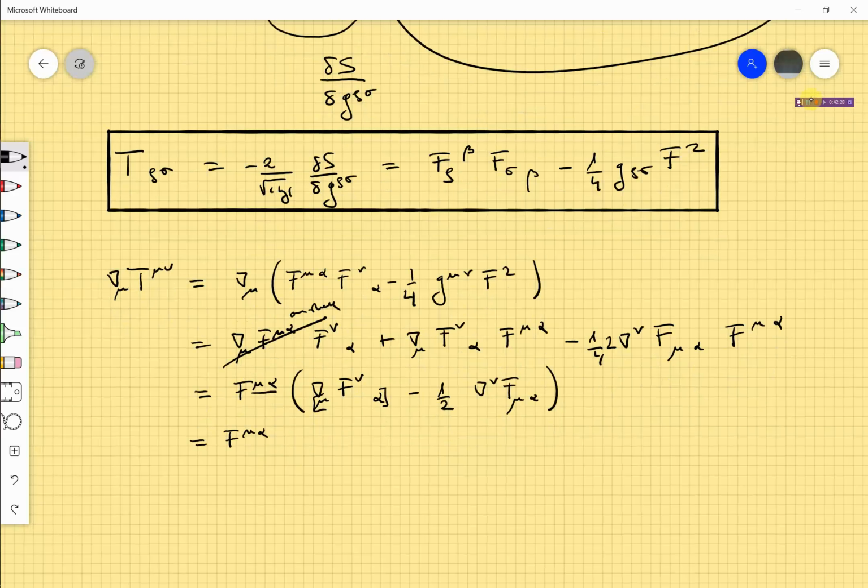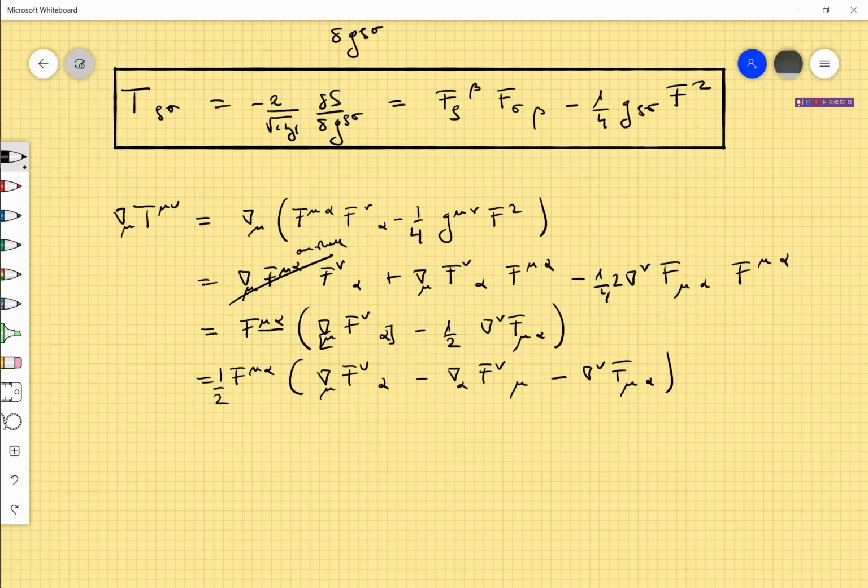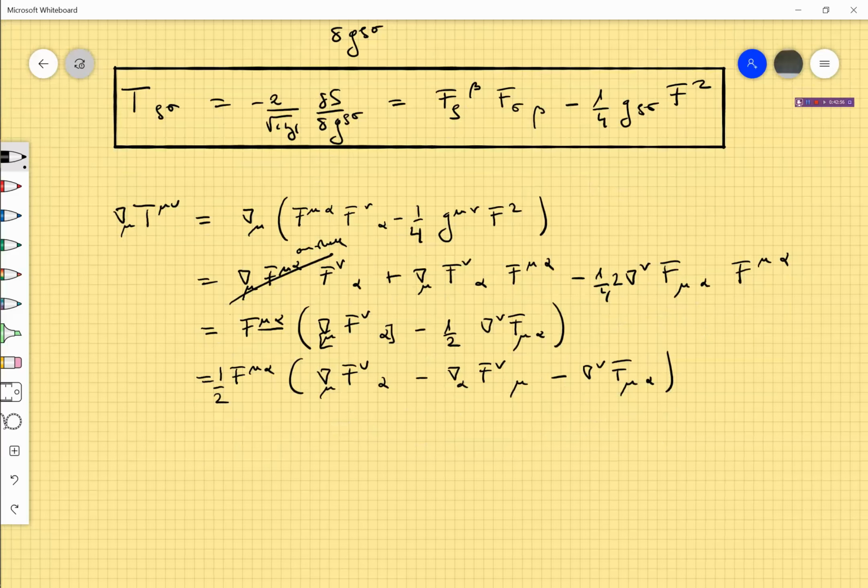And in particular, I can write it expanding this as 1/2 of nabla mu f nu alpha minus 1/2 of that. And then I take 1/2 as a common factor, and I write this nabla mu f nu alpha minus nabla alpha f nu mu minus nabla nu f mu alpha. And okay, just to make this more explicit, let me interchange these two indices.